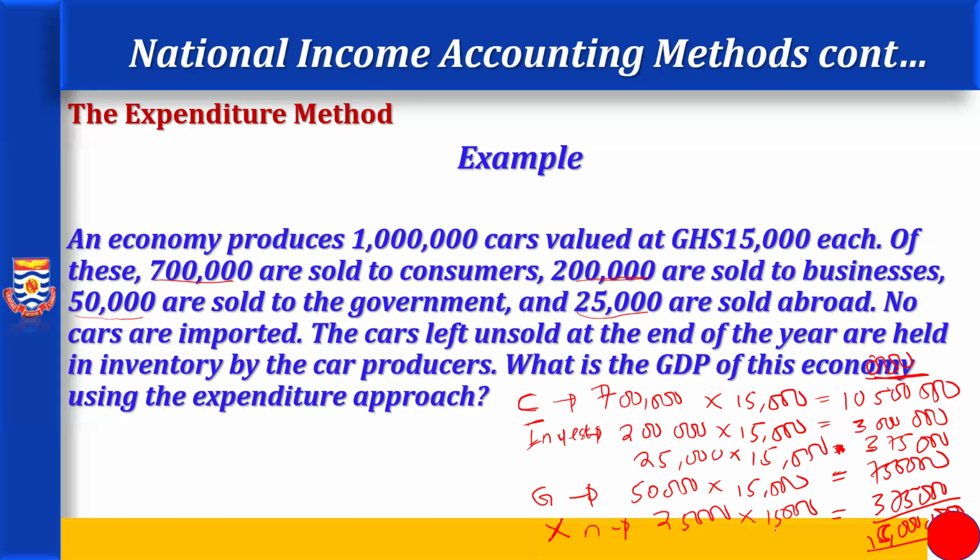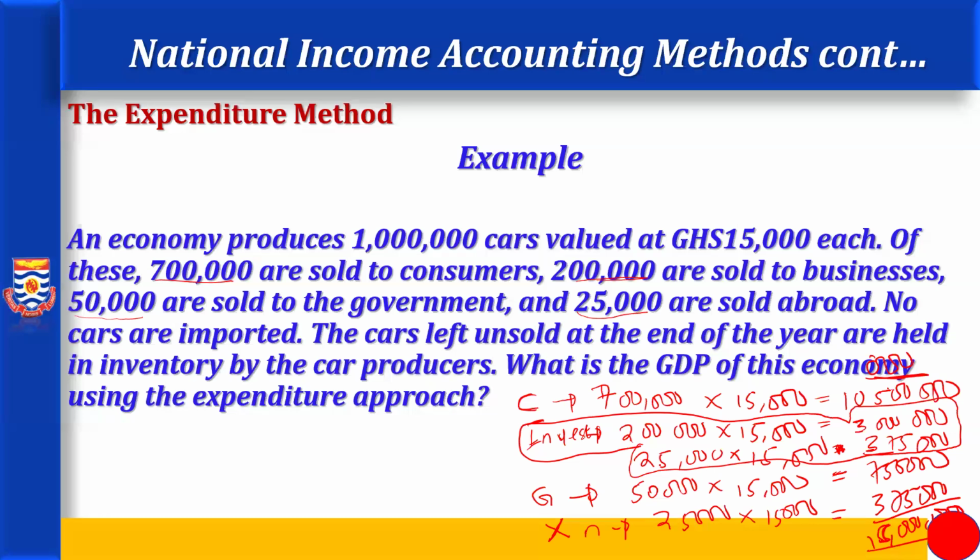Please remember that these two were investment expenditure, because the first one was firms' purchases, the second one was inventory. So everything will sum up to 15 million.